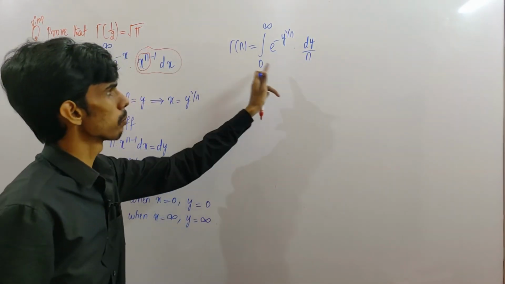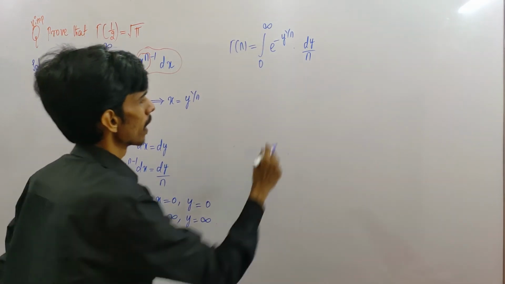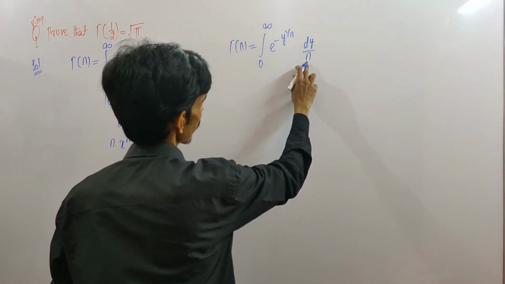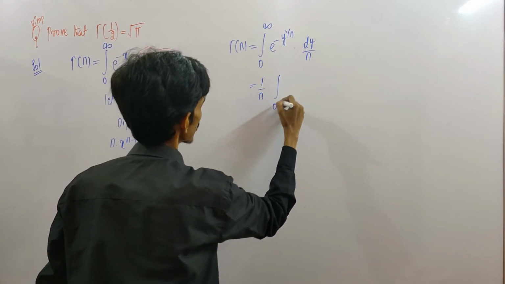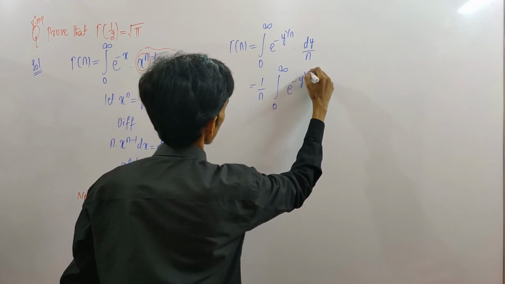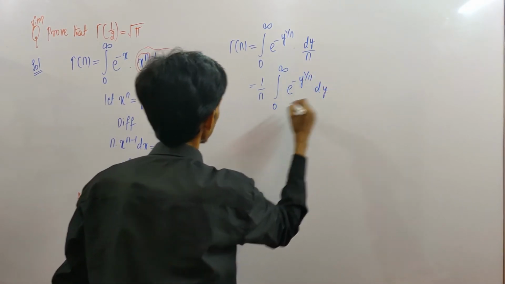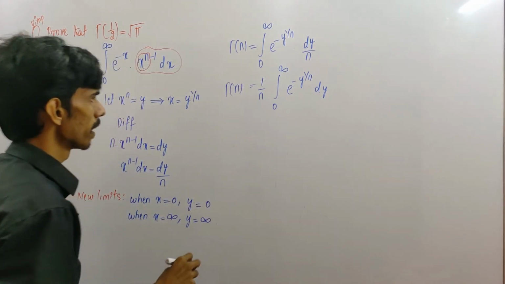Now this complete integral is changed in terms of y. Now n is independent of this integral, so take 1 by n outside the integral, 0 to infinity e power of minus y power of 1 by n dy. This is the value of gamma of n.